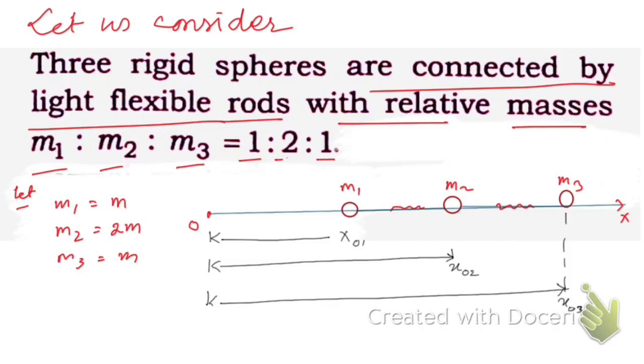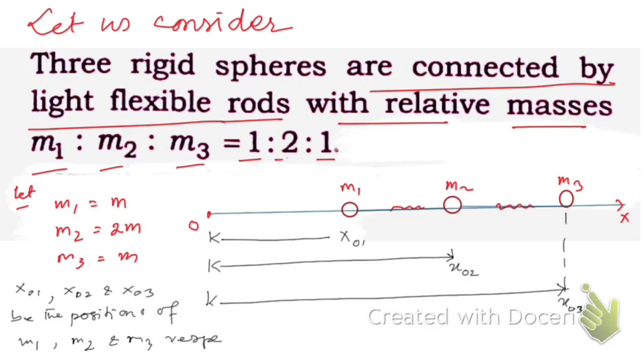So we have considered x0,1, x0,2, and x0,3 to be the positions of m1, m2, and m3 respectively, when the time t is equal to 0.